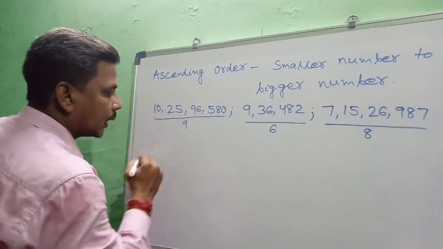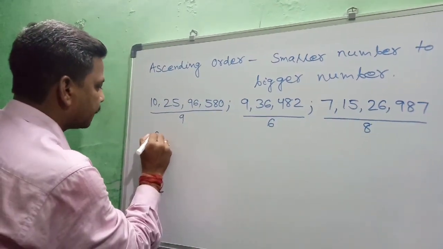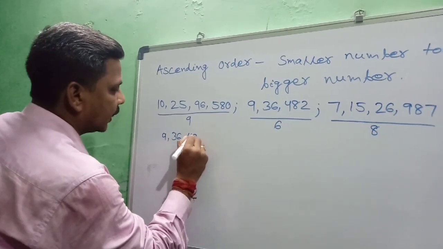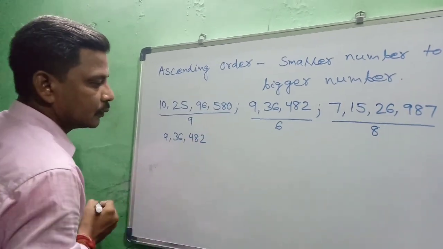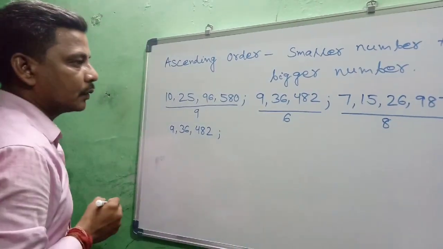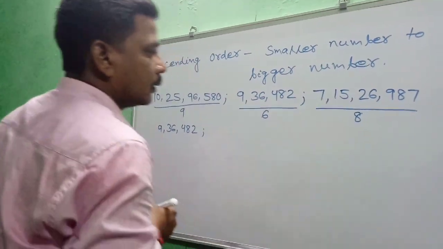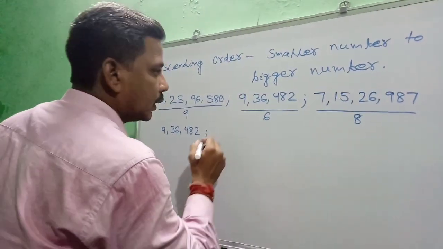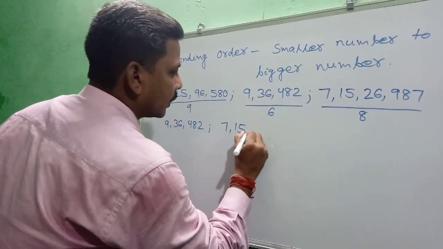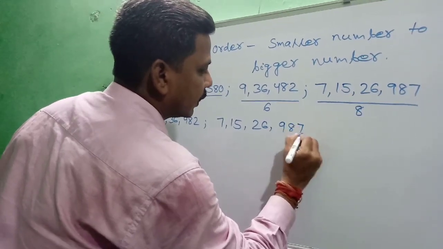So we have to write 9,36,482 first. Okay. Then which number we have to write now? Then we have to write 7 crore 15 lakh 26,987.